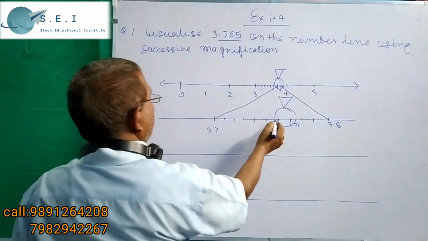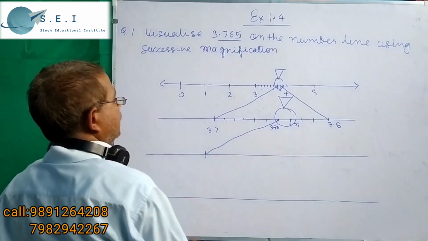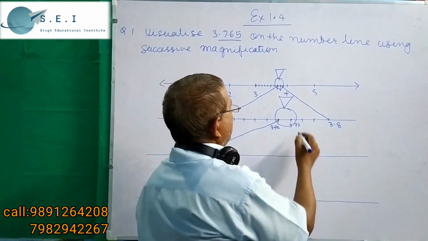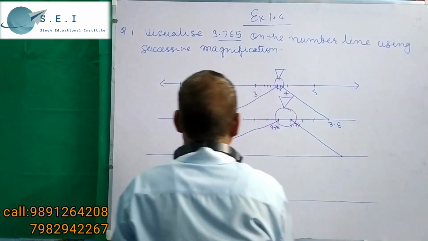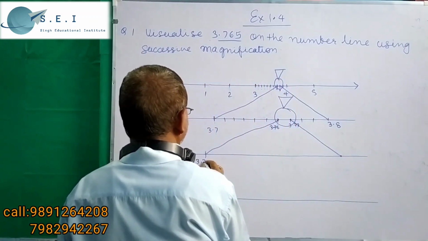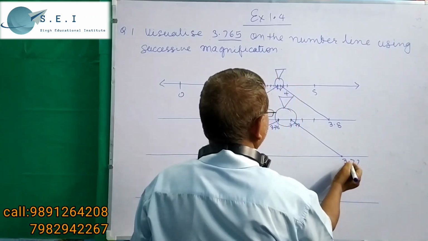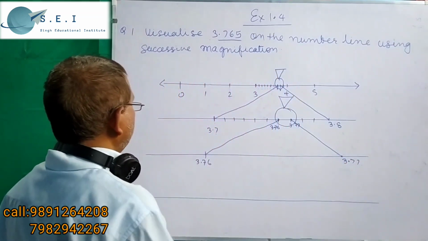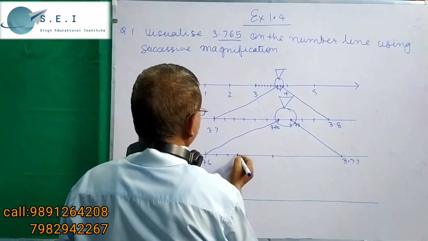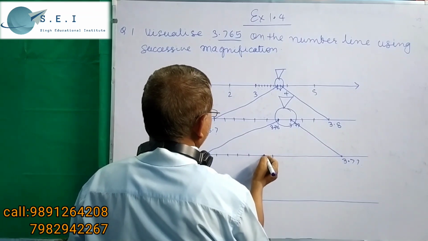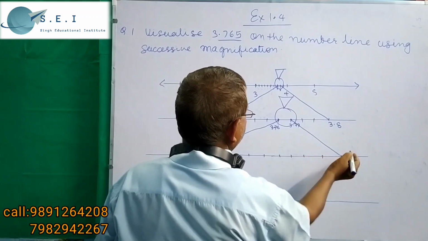Let 3.76 be magnified to get here, this point 3.76, and 3.77 gets here. This is 3.76 and this is 3.77. Again divide this interval into 10 equal parts: 1, 2, 3, 4, 5, 6, 7, 8, 9 and 10.